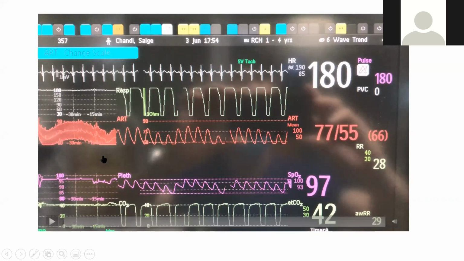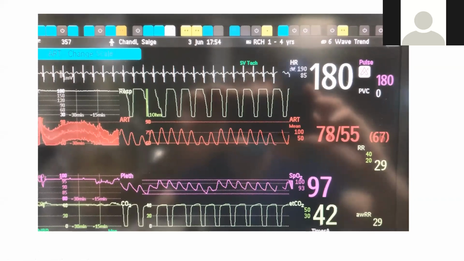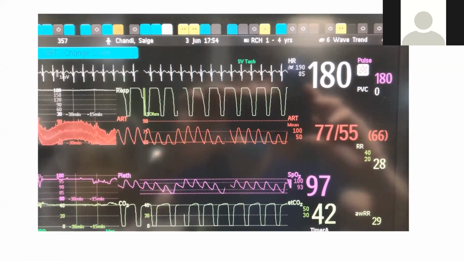I want you to look at this. This is the arterial waveform, and this is the oxygen saturation. We're used to looking at oxygen saturation. Just look at this, it's called the plethysmographic trace. What is it about the plethysmographic trace that looks a bit abnormal? I'll show you again.